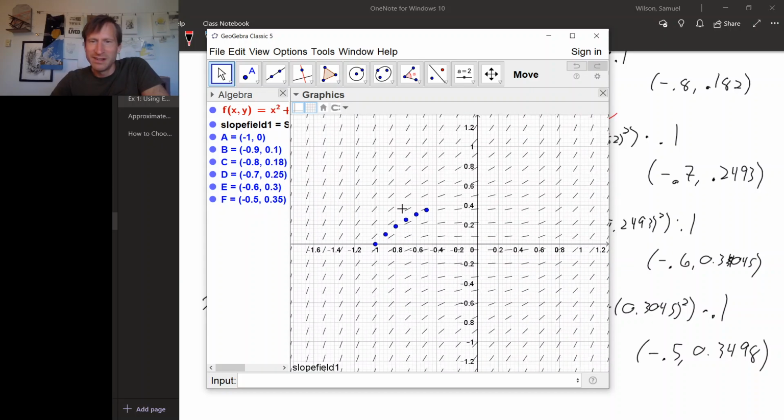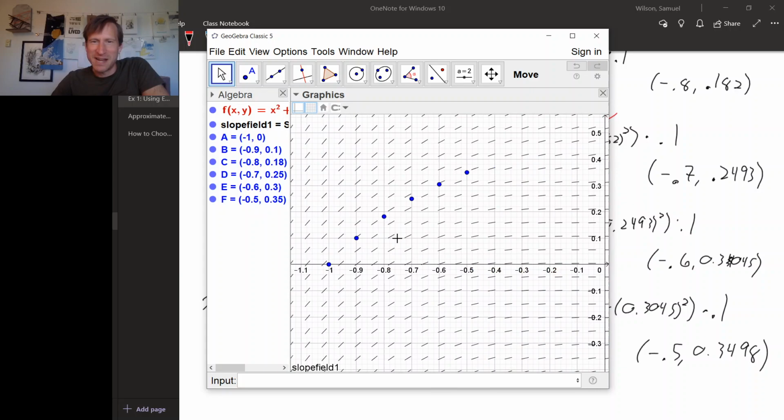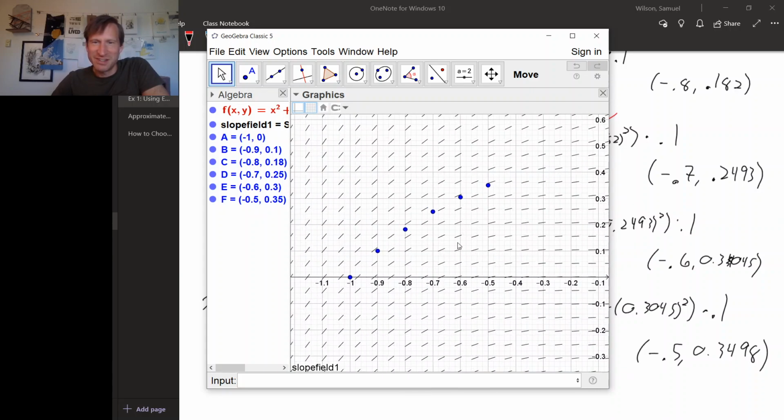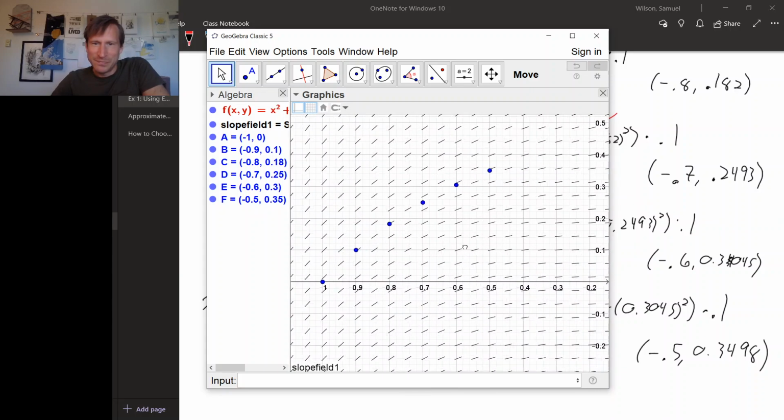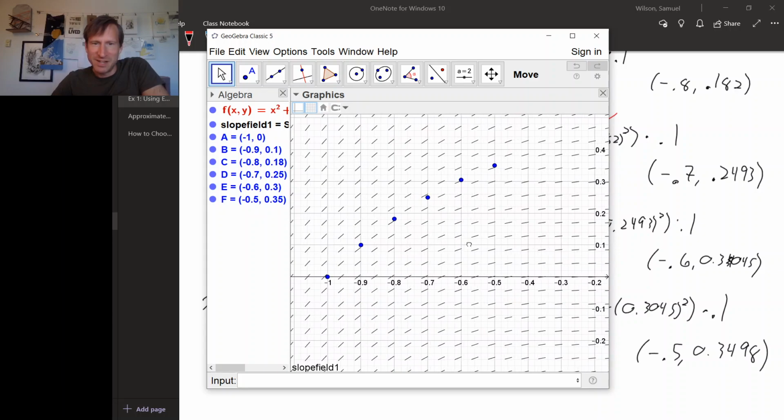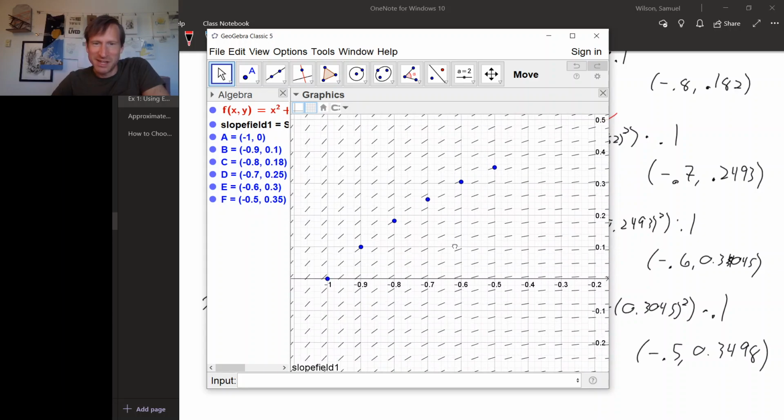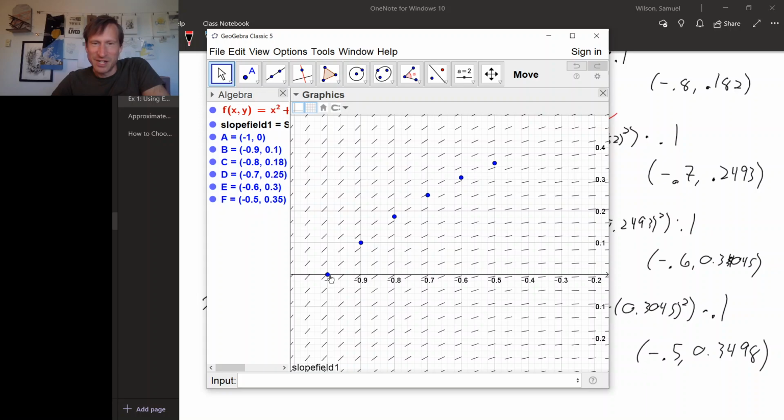But if you zoom in, GeoGebra automatically adjusts all the slopes of the tick marks. And if we position the xy plane so that our initial point is right on top of one of those tick marks, you can kind of eyeball what a solution would be. It looks like it's going to be something like this.